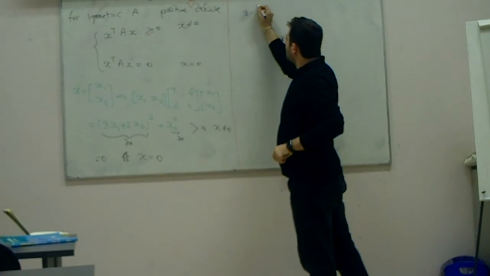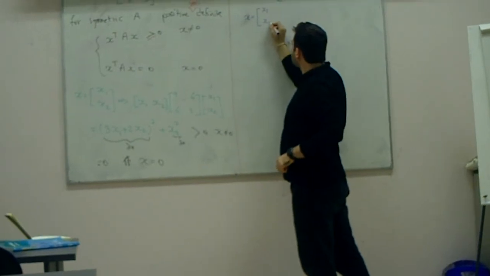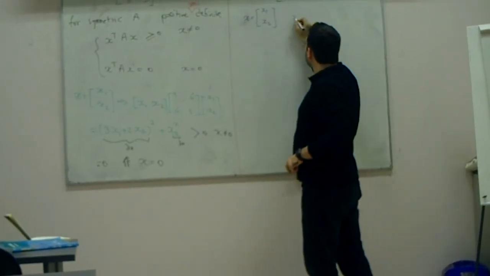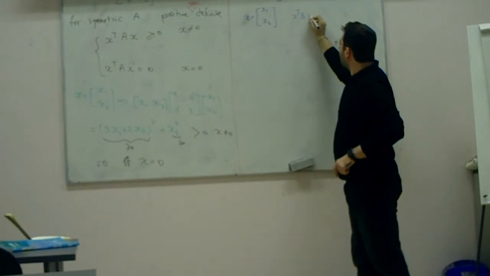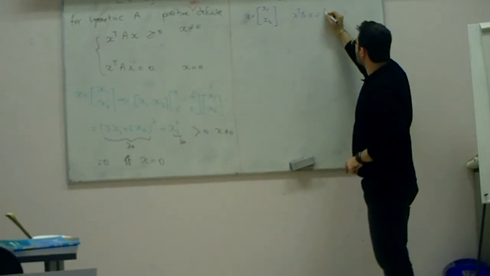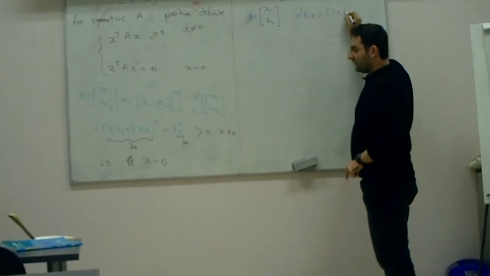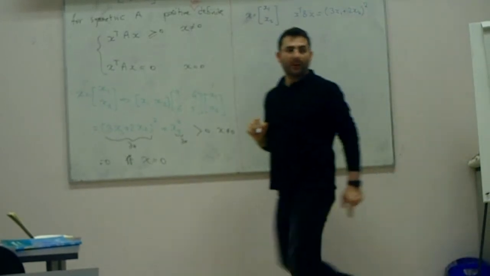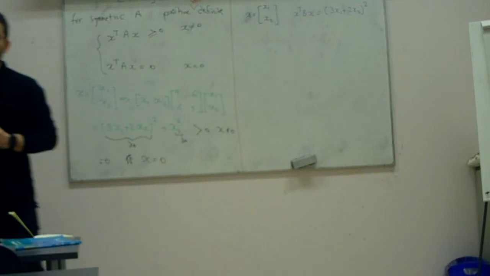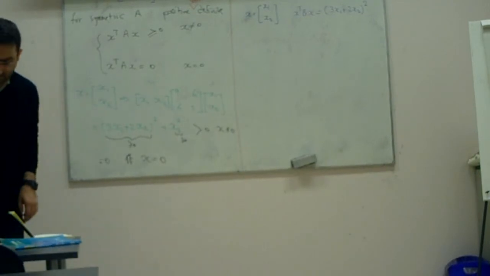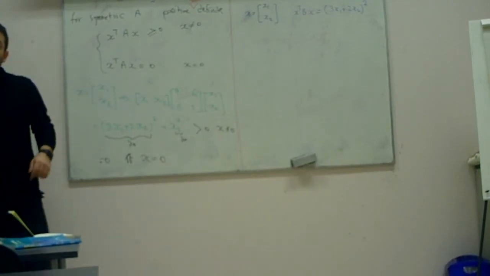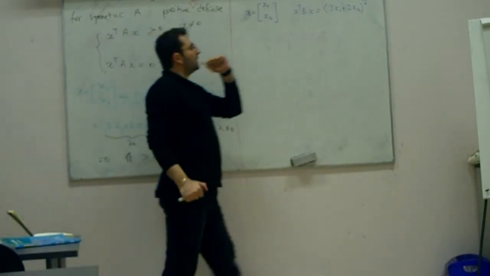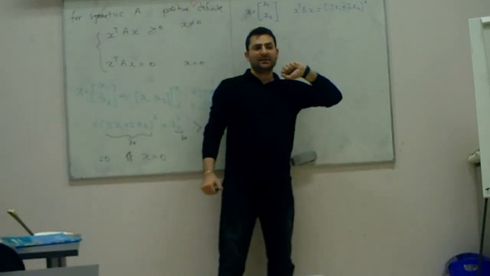Again, we define x to be x1, x2. If you compute x transpose Bx, you will get this expression: (3x1 + 2x2) squared. We can check it. One question, Suman. What can we say about this?